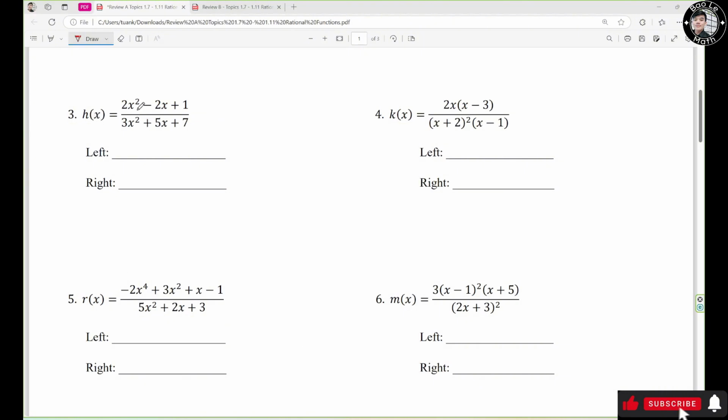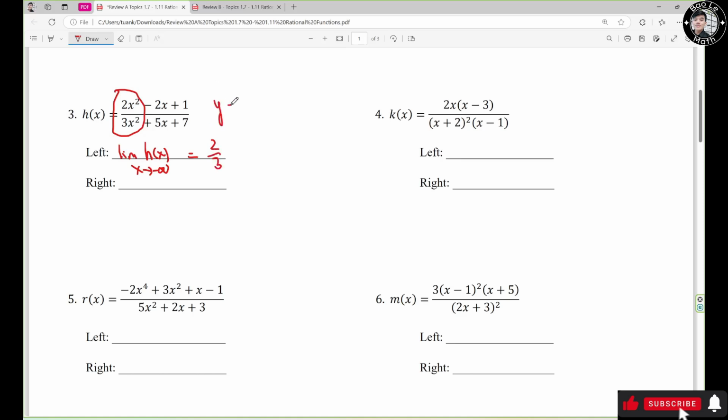Given the function, we need to find the end behaviors. Alright, so look at the highest degree terms on the numerators and denominators, right? Which means this guy right here. Limit of the function h of s when s approaches negative infinity equals 2 over 3, right?